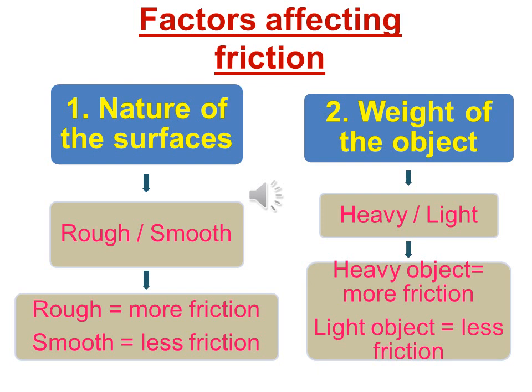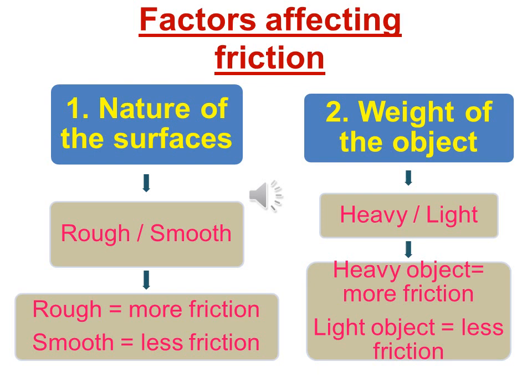The first one is the nature of the surface and the second one is the weight of the object. So, nature of the surface. There are two types of surface. One is rough, another one is smooth. You know very well, a rough surface will offer more friction when compared to a smooth surface, which offers less friction. Whereas the second one is the weight of the object.